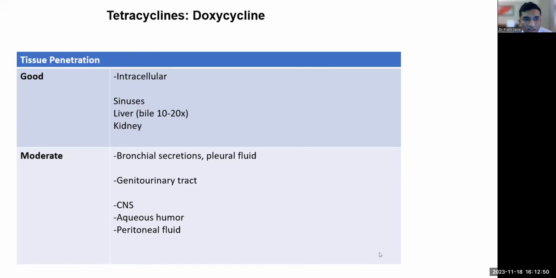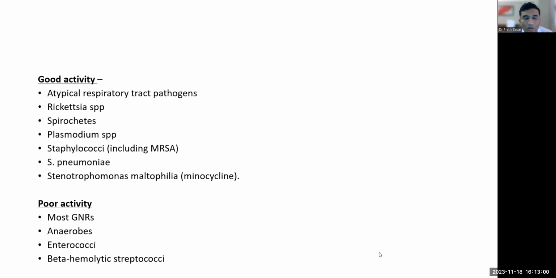So doxycycline achieves moderate concentration in the bronchial secretion, pleural fluid, genitourinary tract, CNS, aqueous humor, and peritoneal fluid. So doxy is a good antibiotic whenever we target atypical respiratory pathogens, Rickettsia, spirochetes, Plasmodium species, Staphylococcus aureus. Nowadays it is a good agent for oral step down therapy of MRSA infection.